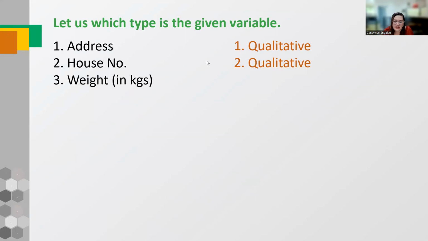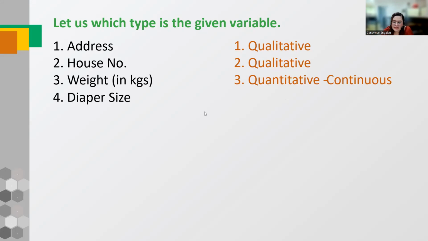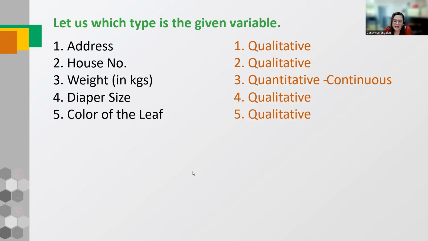So that is qualitative. Weight in kilograms. Quanti, very good. Okay, diaper size. Quali. We have the small, medium, large, XL, XXL. That is quali. Color of the leaf is quali.